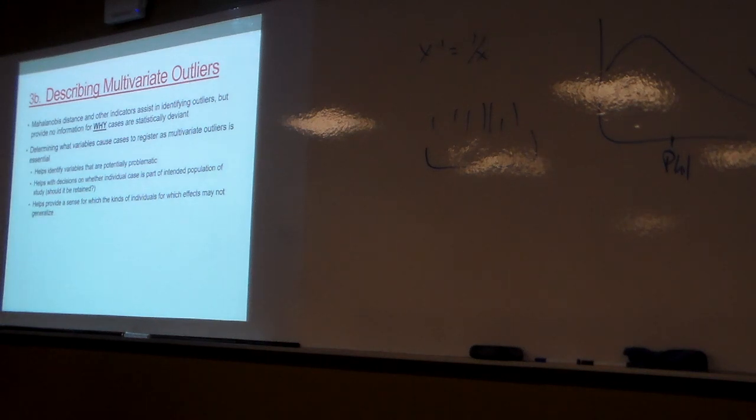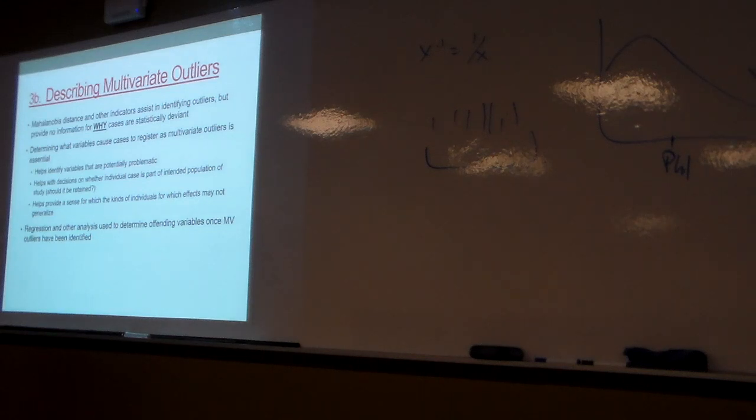So if I find a bunch of cases that were theoretically, conceptually important, but in my data end up being strange multivariate outliers because of a strange patterning of the combination, right? Then I might say, okay, these are people who this model doesn't do a nice job of accounting for.